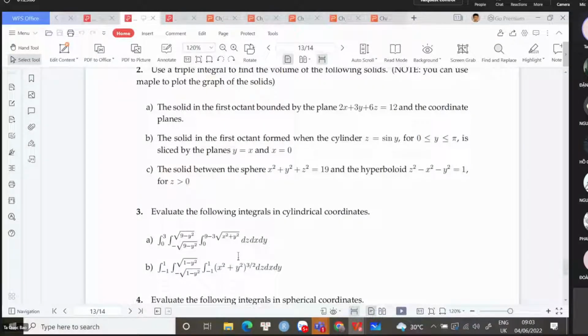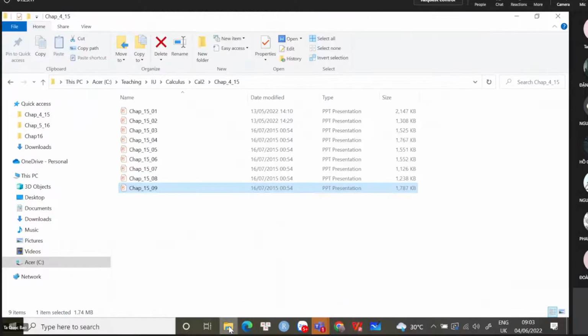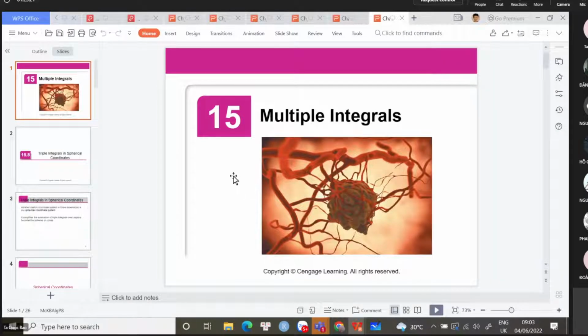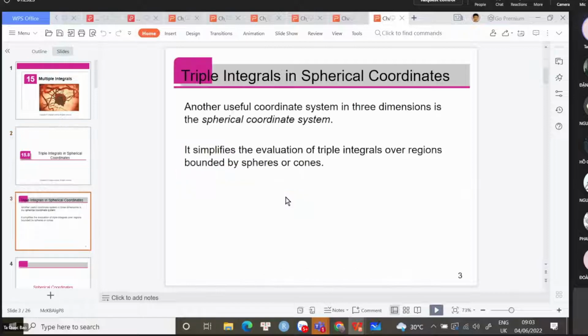Do you remember? Nhớ học cái đó nha. Sphere coordinate.